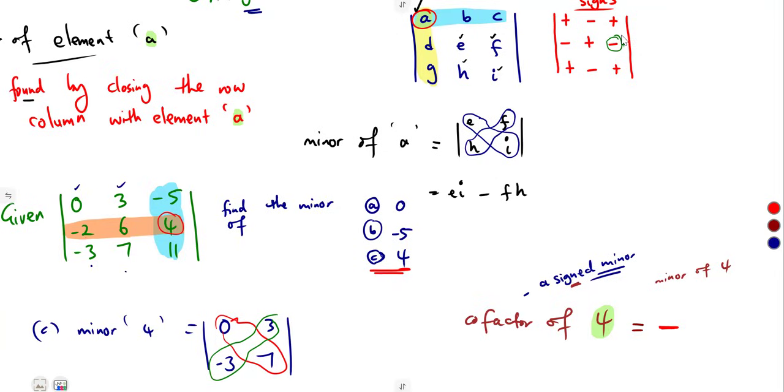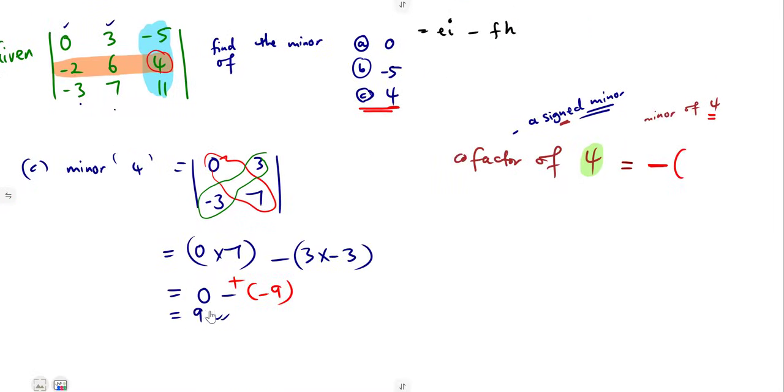So the sign from here corresponding to element 4 is a negative. But we are saying it is a signed minor. What is the minor of element 4? When we calculated it, we obtained a positive 9. So this is our cofactor now.